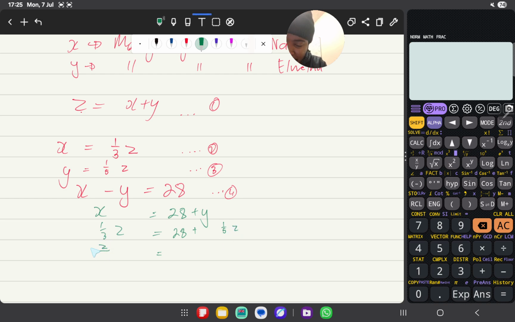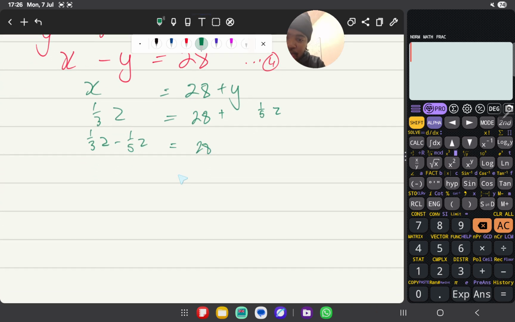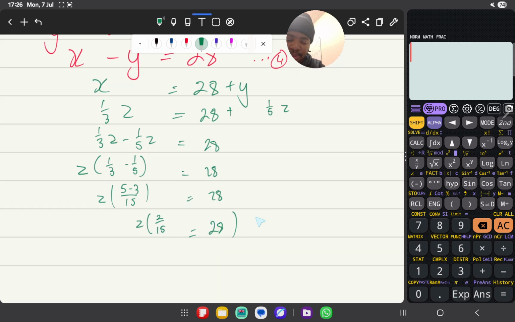We have 1/3 z, 28, we say z, 15, 5, 3. Z equals to 15, and then I'm going to try to multiply by 15 over 2.